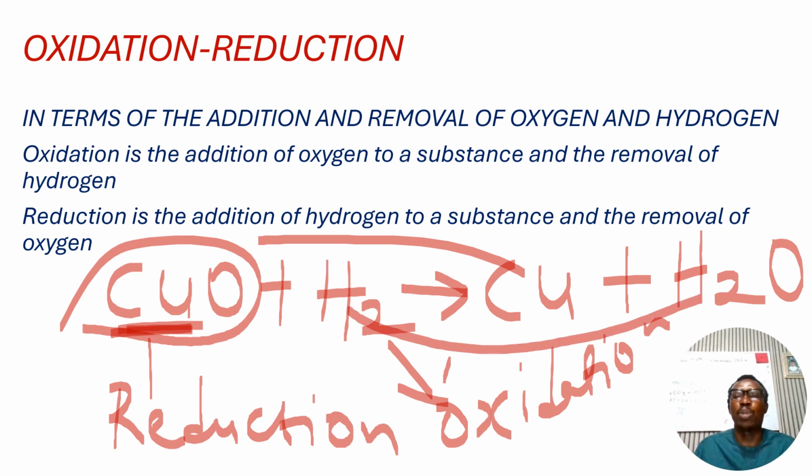Hydrogen is oxidized because oxygen is added to hydrogen. So this is the definition of what? Oxidation and reduction in terms of addition and removal of oxygen and hydrogen.